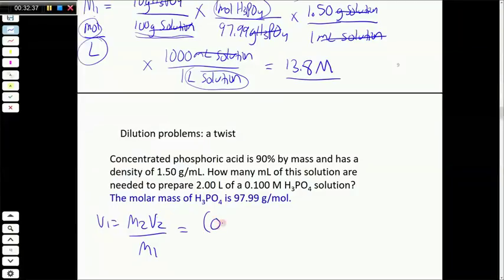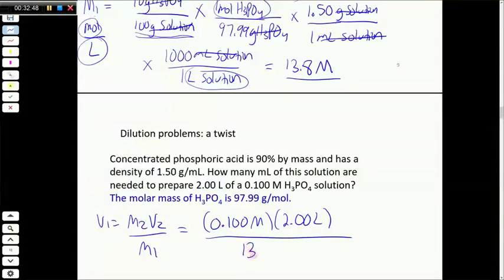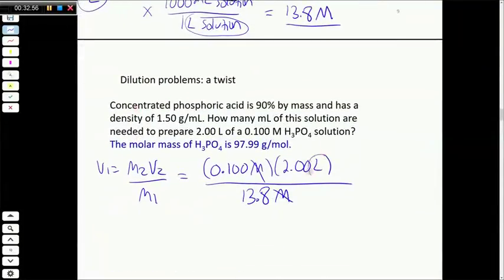M2 is the final molarity, which is 0.100. V2 is the final volume of that solution, which is 2 liters. And then the initial molarity that we just calculated is 13.8. So again, molarity cancels out, and this gives us, in this case, liters, because that's the unit we have up here.